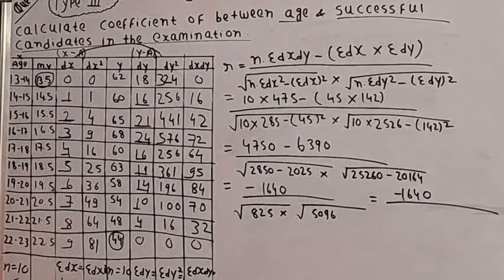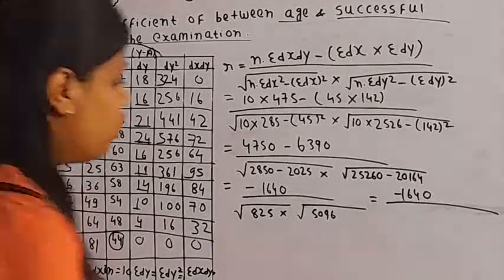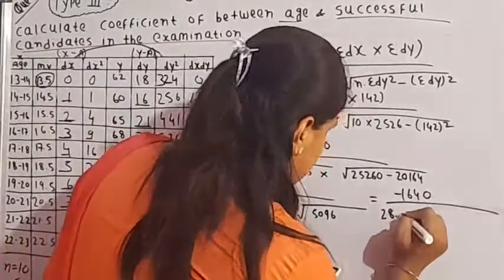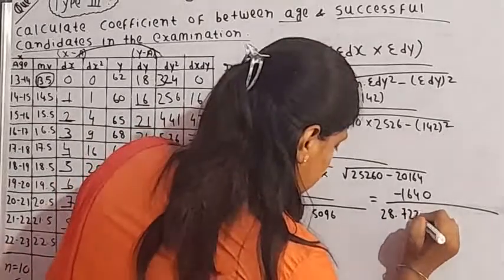Now we have to calculate the values of under root. So under root 825, how do we find the value of under root 825? We will simply write 825 on the calculator, then press the button of under root. So we are going to get 28.7228. We will consider the decimal points up to 4 digits. That is why I am writing 28.7228.